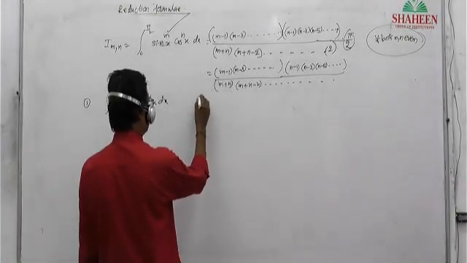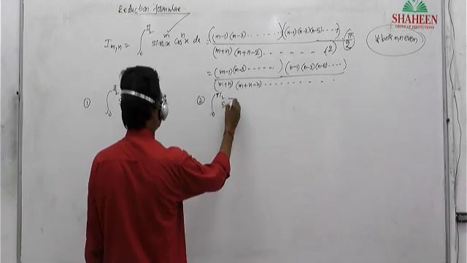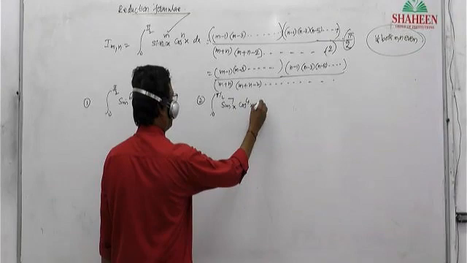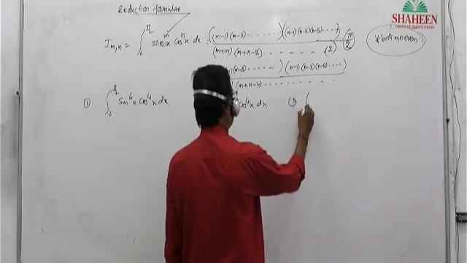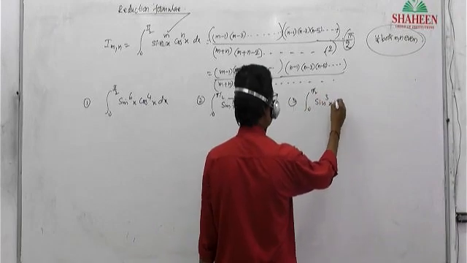And second one, 0 to pi by 2, sine power 7, cos power 4. Third one, 0 to pi by 2, sine power 3, cos power 5.